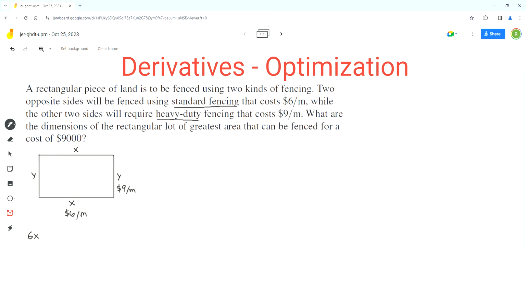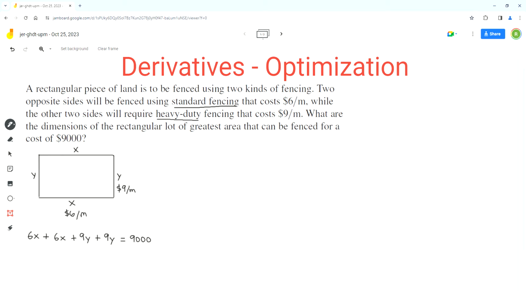And then 6x will be the cost of fencing the other length. The cost of fencing the width y will be 9y, and it will be the same cost for the other width. Now the sum of these four costs should be equal to $9,000. So this should be the cost equation.